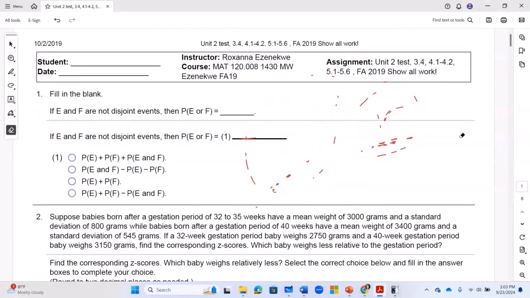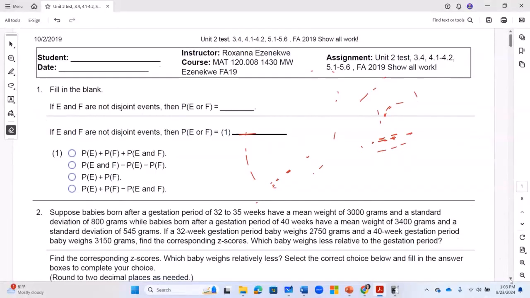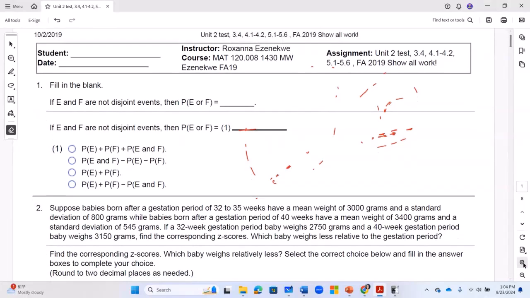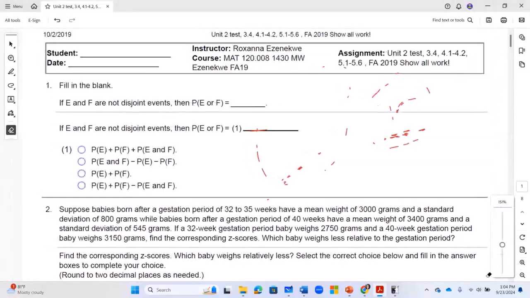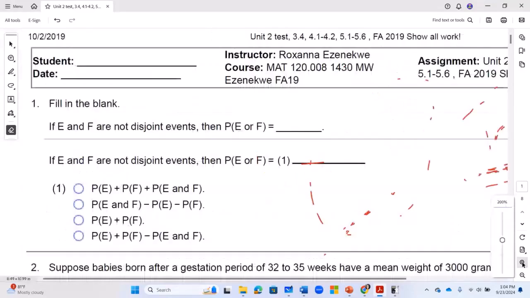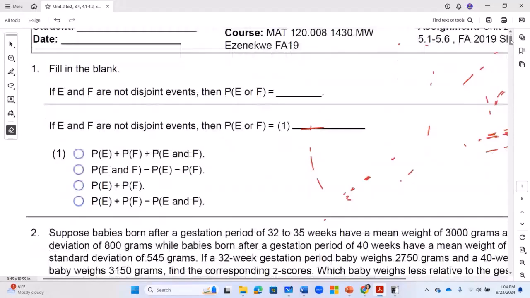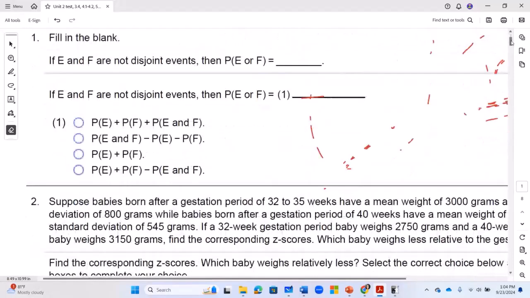All right, so let's see an example of probability rules when they are actually disjoint. If E and F are not disjoint, so everybody look, sometimes they ask a question that looks like a tautology. They are telling us that E and F are not disjoint.